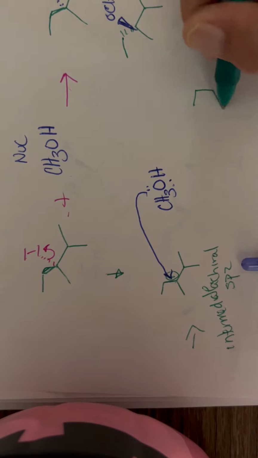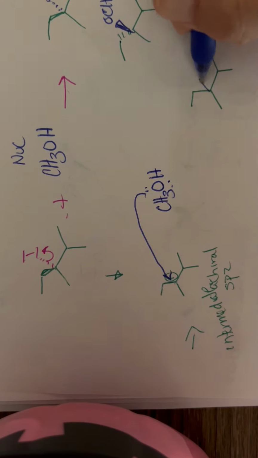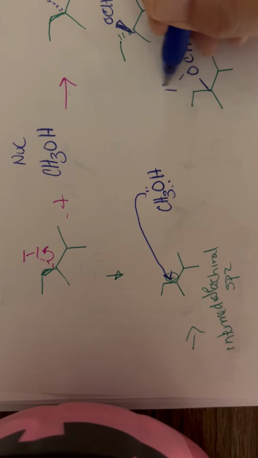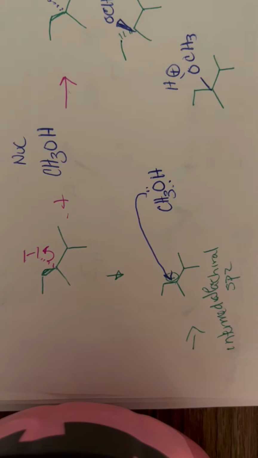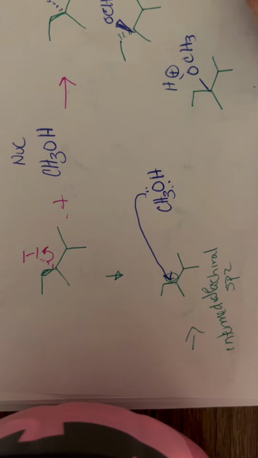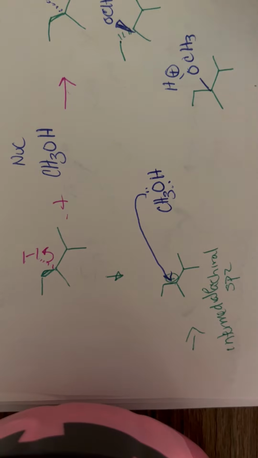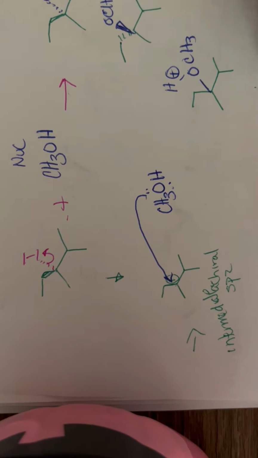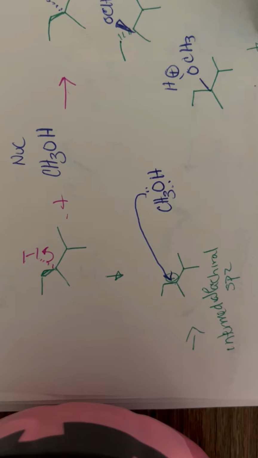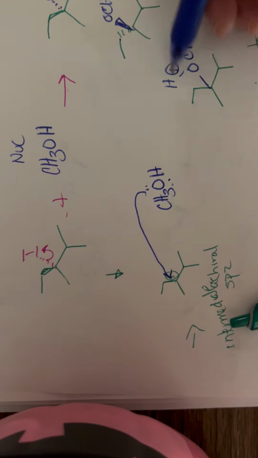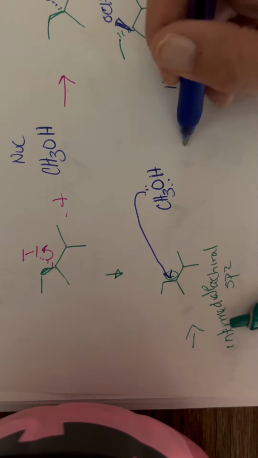And we're just going to go, him, and I'll just do it this way. OCH3 and we have our hydrogen, so that's plus. And then we'll do proton transfer either through HI or through methanol. We're just going to do proton transfer, and we'll just show it through the methanol.